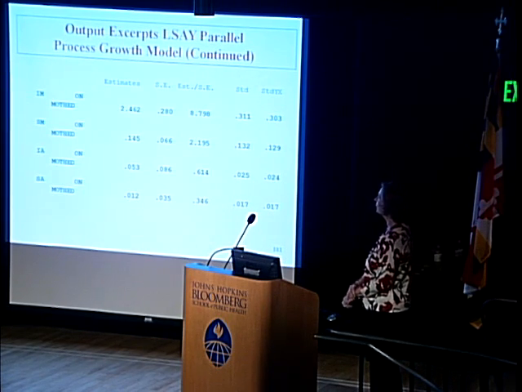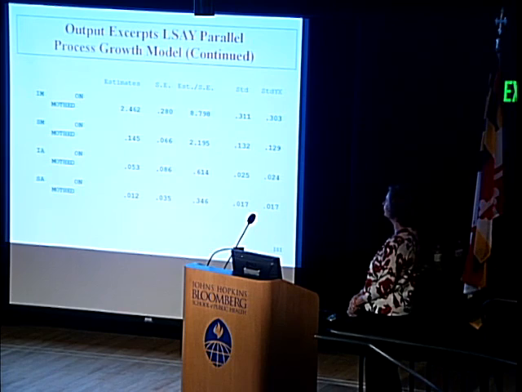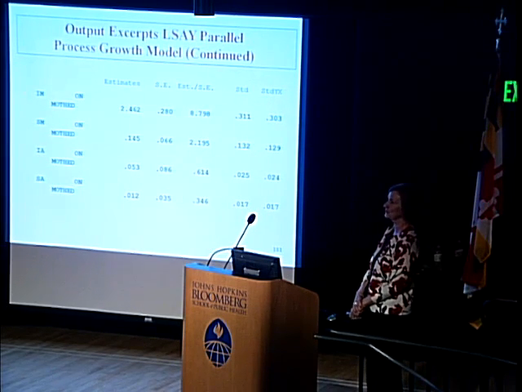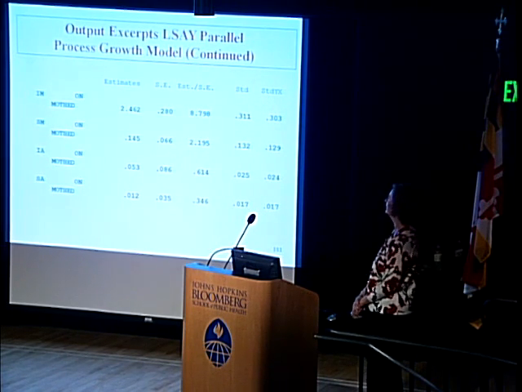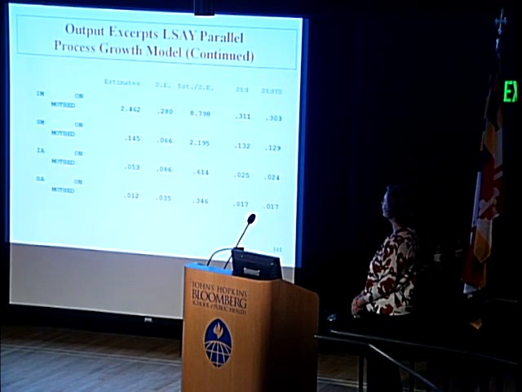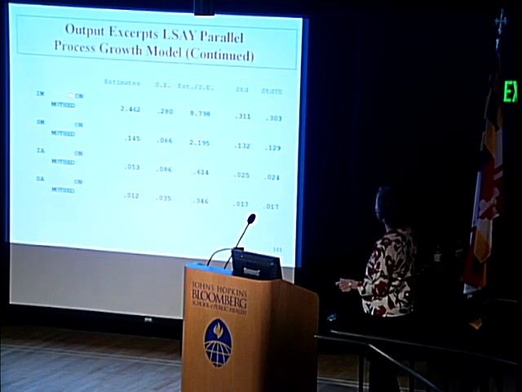So the two growth processes can have different relationships to a set of covariates. And actually, one could use different covariates for the two processes.